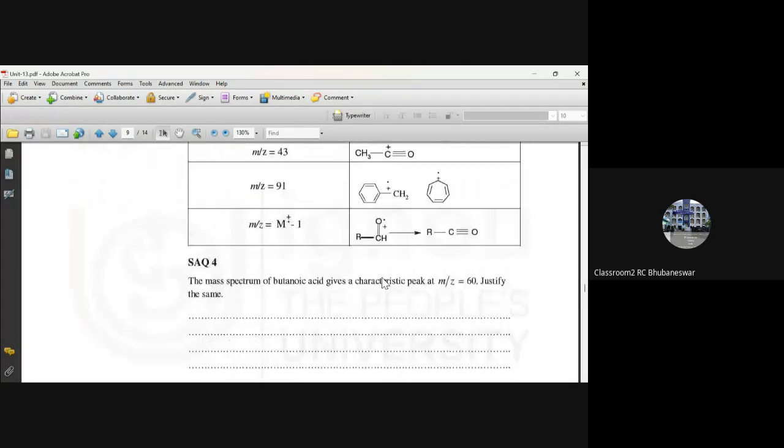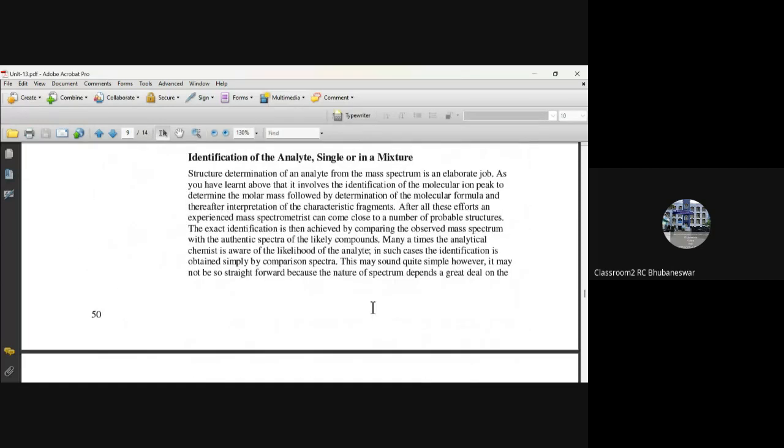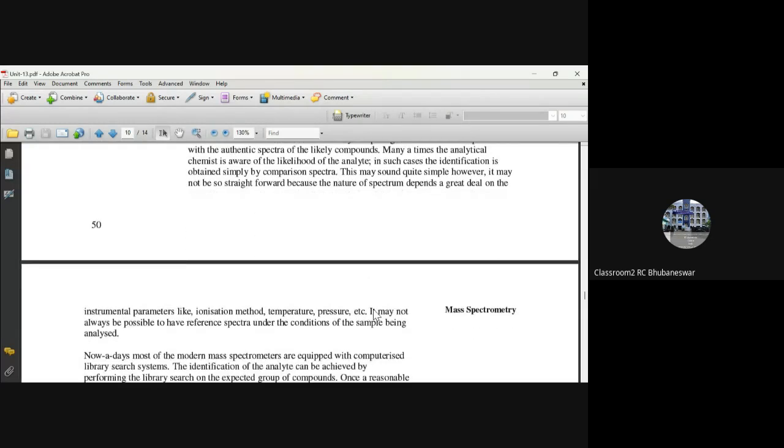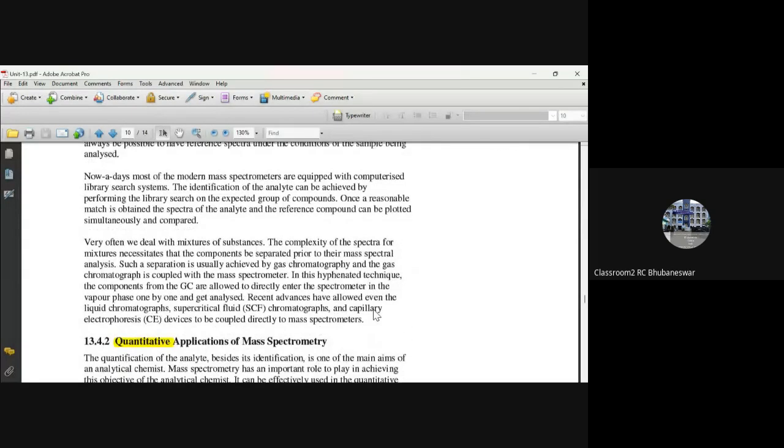So what we are discussing is the application part. Identification of the analyte you can do. Identification of analyte, this again and again we had used in other spectroscopic tools, how to identify an analyte.